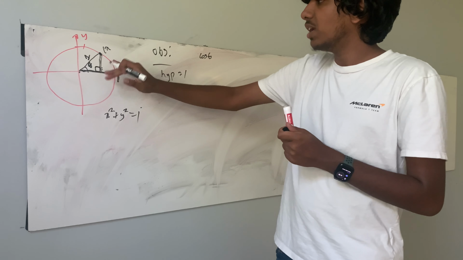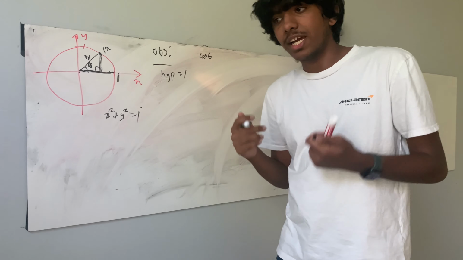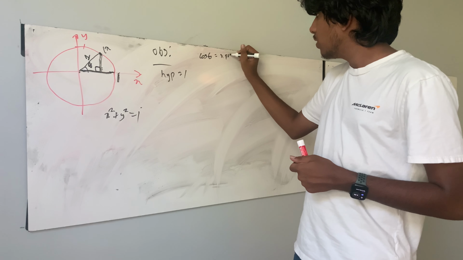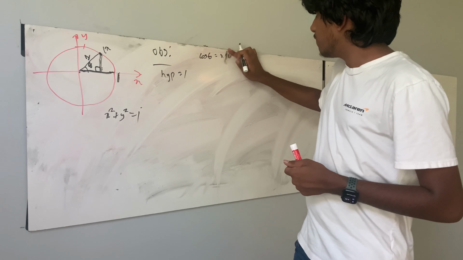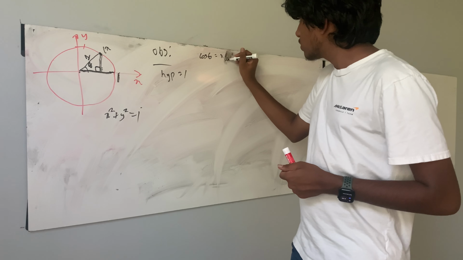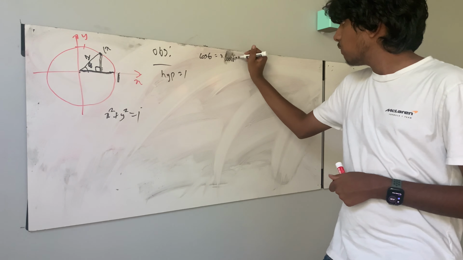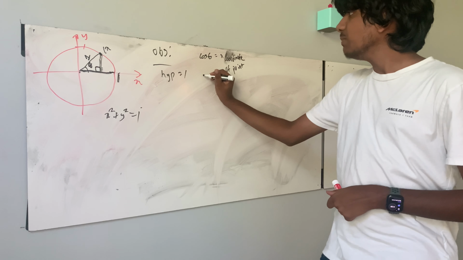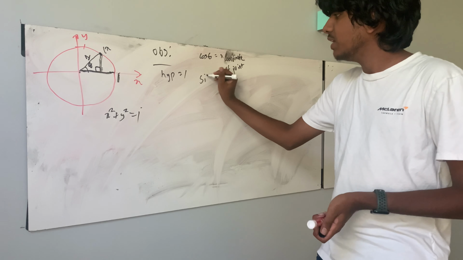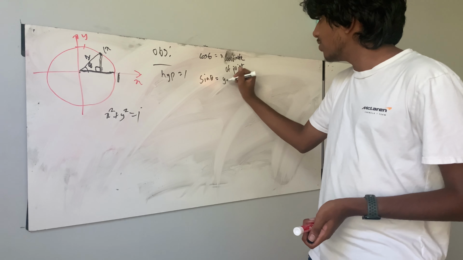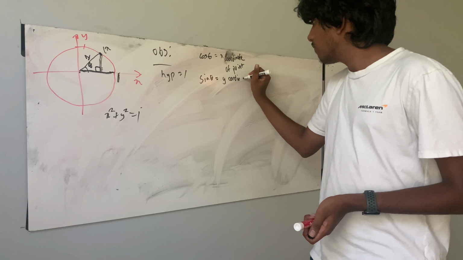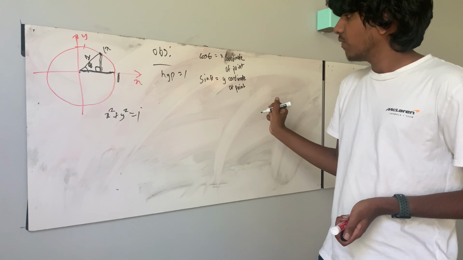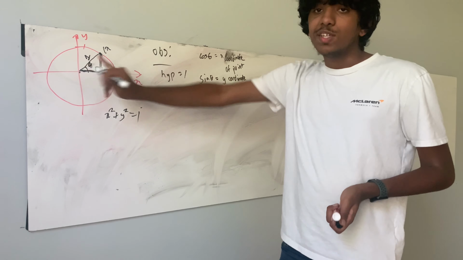So the legs are the cosine and sine respectively. So the cosine of theta is equal to the x coordinate of the point. Similarly, sine of theta would be the y coordinate of the point, because of this radius being 1.